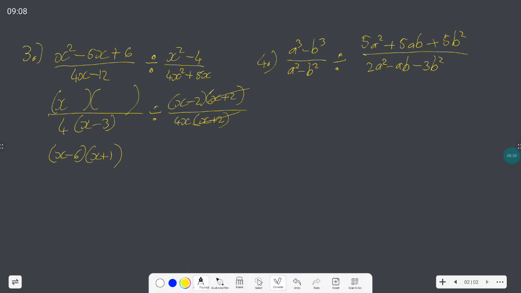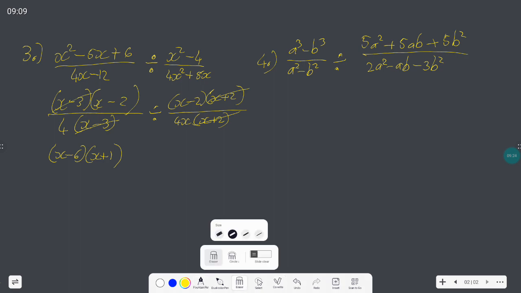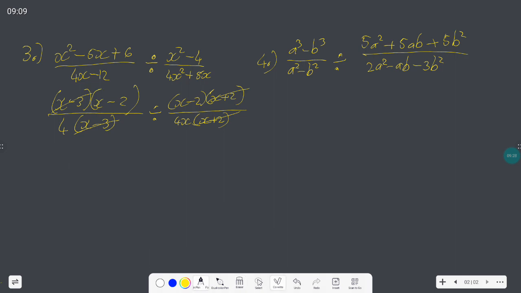My last term is positive, middle term is negative. So, what do I know? I will have to multiply by 2 negatives. My 2 negatives must give me negative 5. So that will be 3 and 2. So here I can see I cancel this one out as well. I copied the question incorrectly. That's why this one is different.